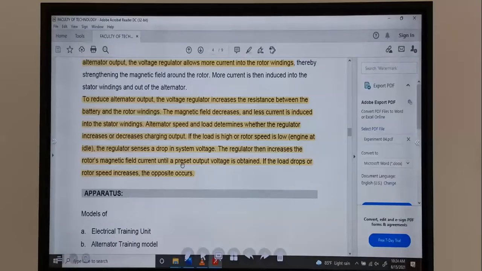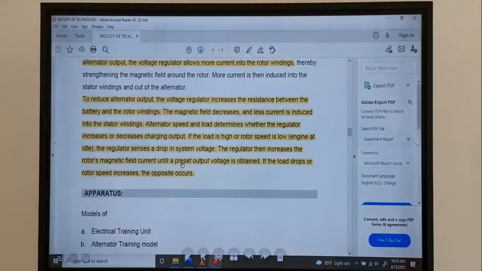For the same output voltage we have to give more current. If the load drops or rotor speed increases, the opposite occurs. That means it reduces the supply current.